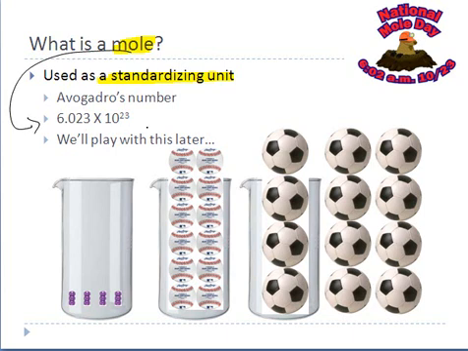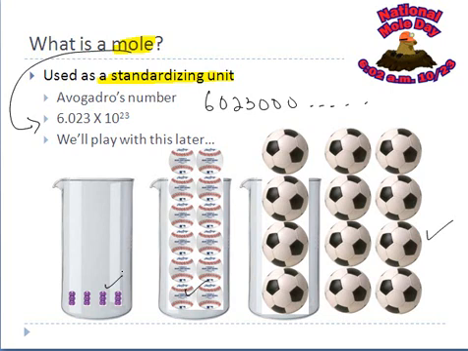If I was to remove the decimal, you can imagine this number is going to be 6023, and then I would keep on adding 21 zeros total, a very large quantity. Here is an image that shows a mole of soccer balls, a mole of softballs, and here is a mole of what looks like marbles or small balls.